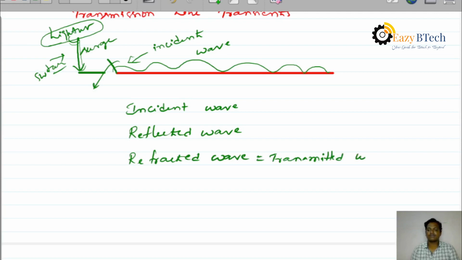First, we need to know what is meant by incident, reflected, refracted, or transmitted wave.